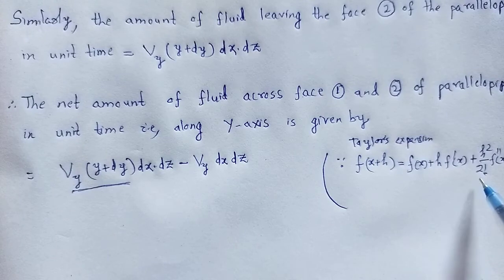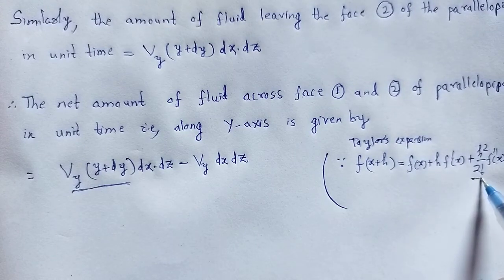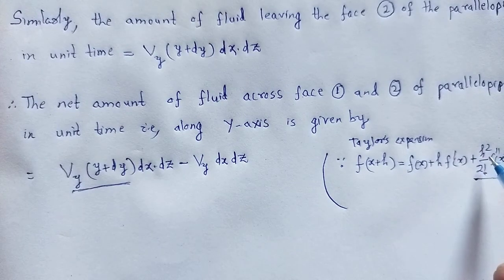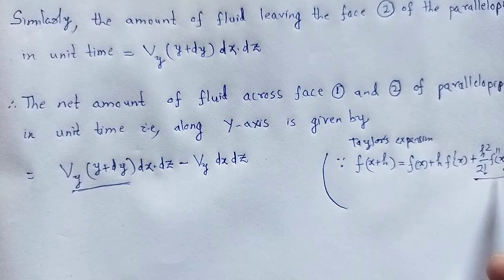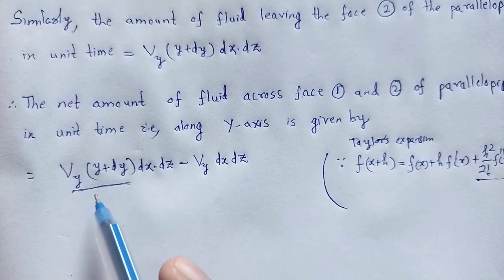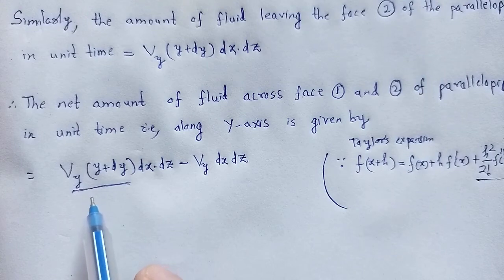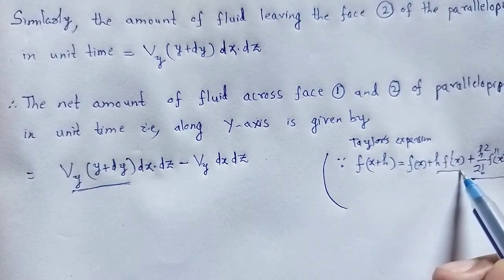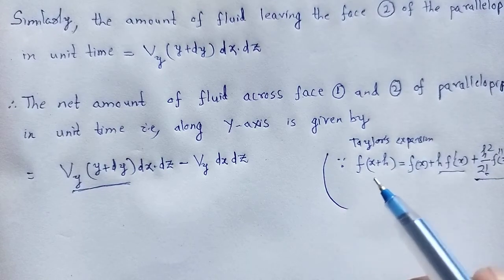Here, when we proceed with the Taylor series, automatically the terms have higher powers of h, and the order of derivatives also increases. That is why in this particular case we stop at first order differentiation, neglecting further terms.